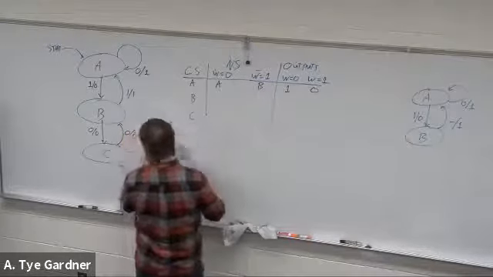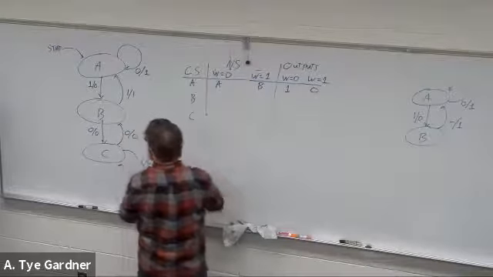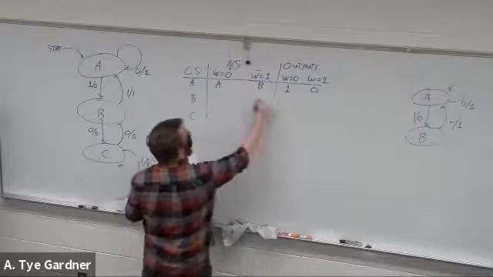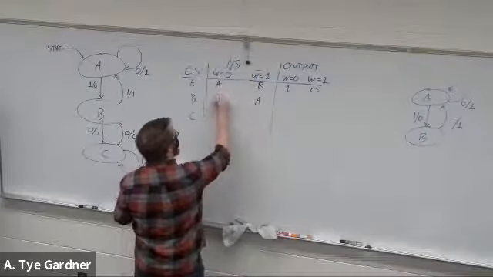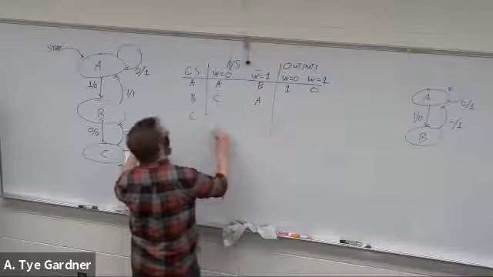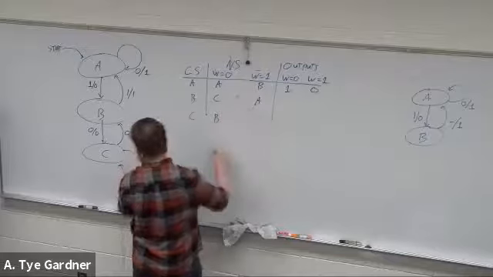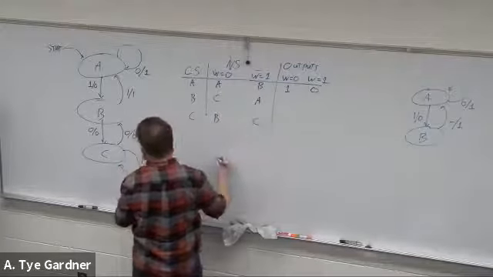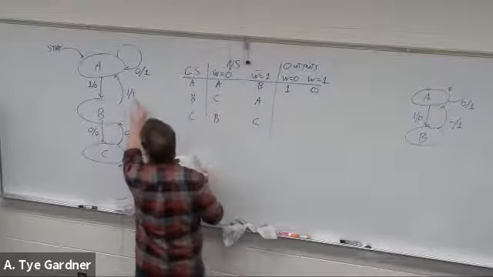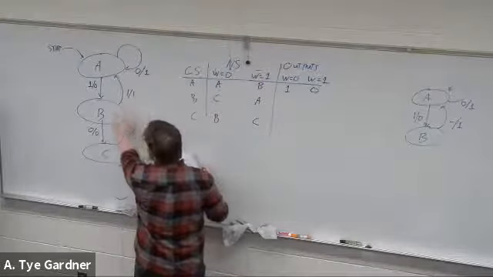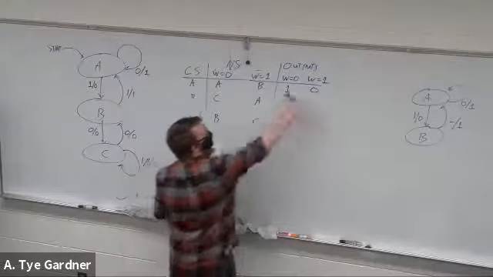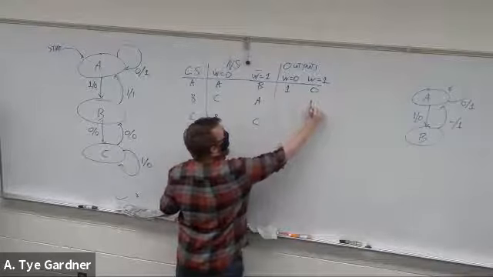B, we're going to do very similar, right? So B is just saying if I get a 1, I go back to A, otherwise C. And then C is if I get a 0, it's B. If it's 1, I stay in C. All of my outputs are 0 except for this one and that one. So I'm going to say, well, if I'm in B and I get a 1, my output is 1.